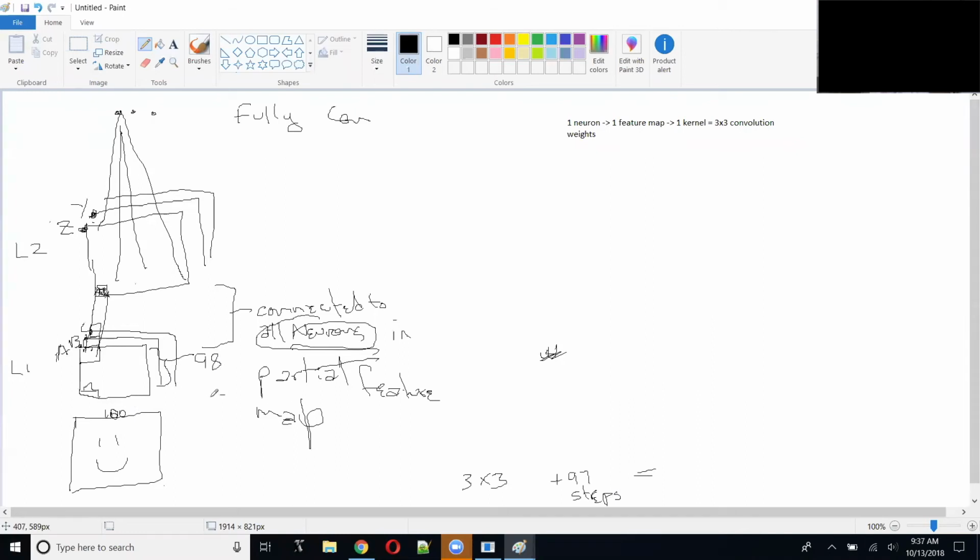Now, what makes it smaller is if you're taking a 7x7 convolution and a stride of maybe 2, then the size of your feature map is going to be 100 minus 7 over 2.